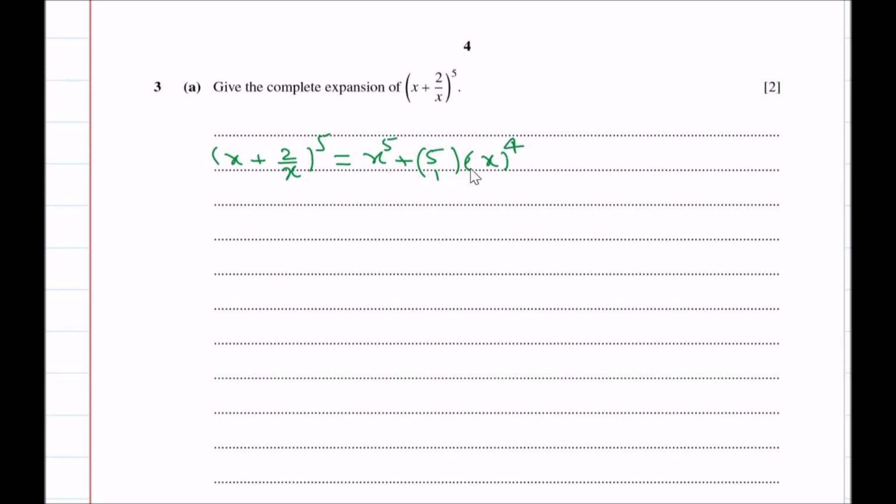The power of the first term x decreases one by one and the power of the second term increases. This is the pattern we have to follow. So 2/x to the power 1, no need to write power 1, so we'll write just 2/x, plus 5C2.